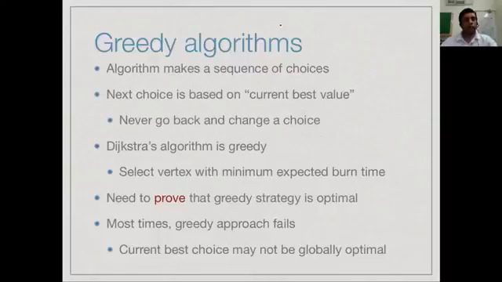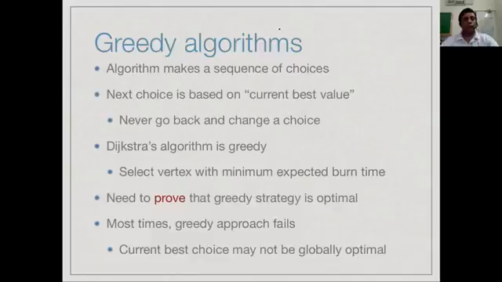So we have to justify that this choice, which is never undone, that is, you keep going forward and you never go back and say, oh, maybe I should have chosen a different one, that this kind of a strategy actually is correct. So this is a general class of algorithms called greedy algorithms, where you have a number of possible trajectories or paths that you can choose to solve the problem. At each stage, you make the next choice based on some local information. At this point, this looks like the best choice to make.